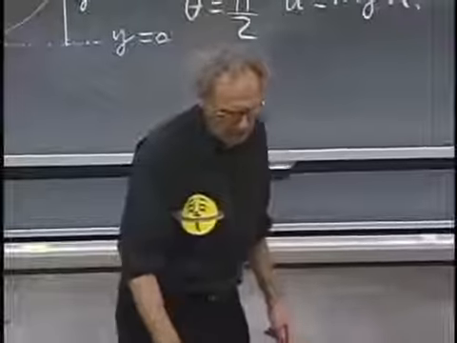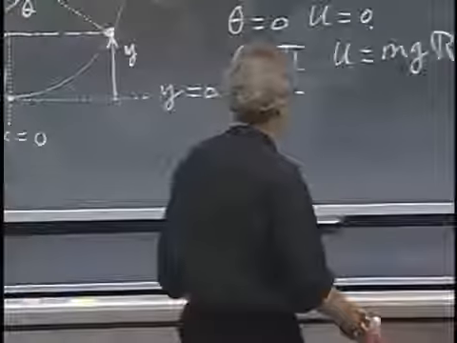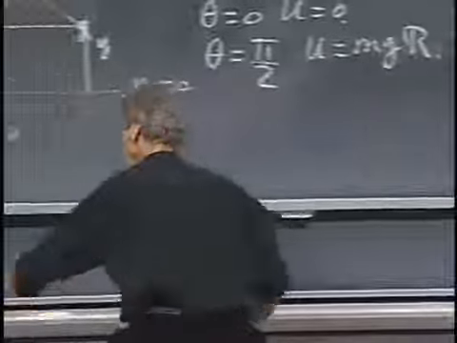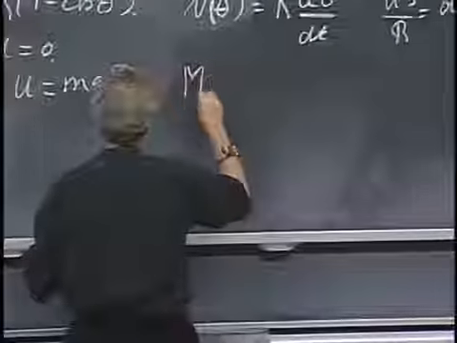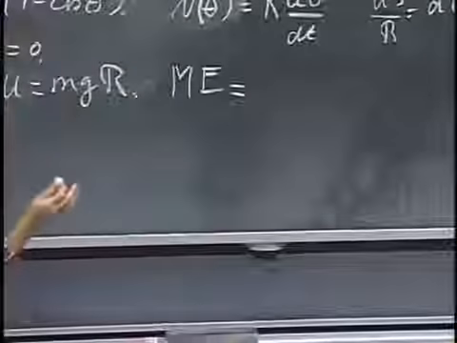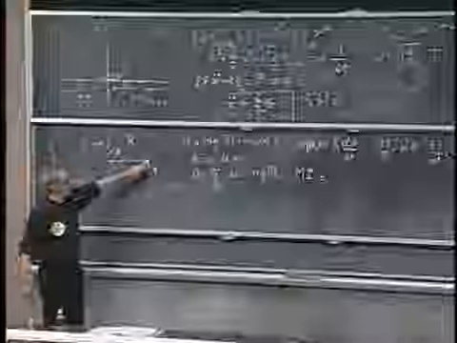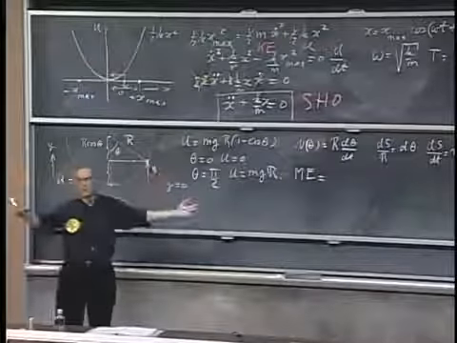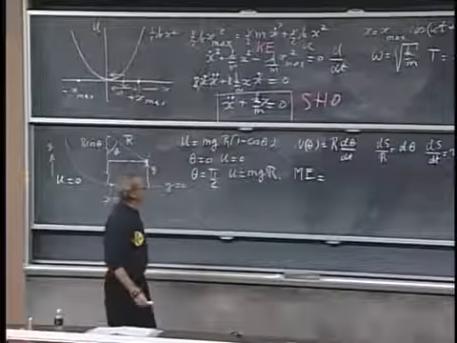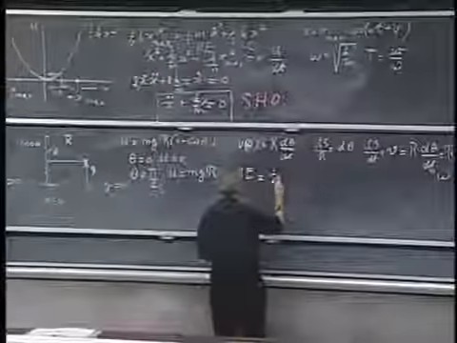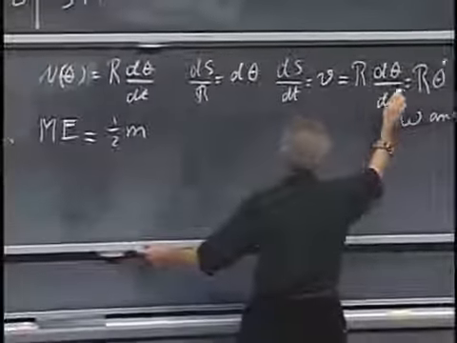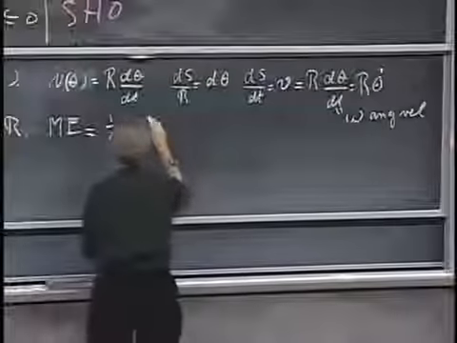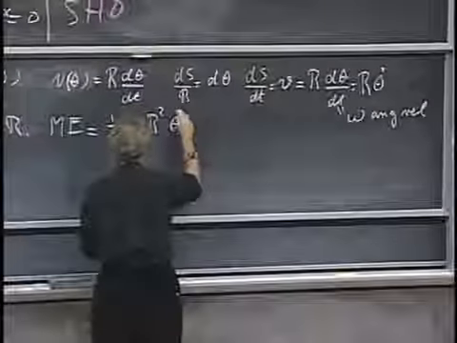So I can now apply the conservation of mechanical energy, because I know what the velocity is at any angle theta, and I know what the potential energy is. So let the total energy be just the mechanical energy, which depends on my initial conditions, wherever I start. Maybe I release it here with 0 speed, maybe I give it a little speed. It is a number. It is a constant. So that is going to be 1/2 mv squared at a random angle theta, and v is r theta dot, so that is 1/2 m r squared theta dot squared.